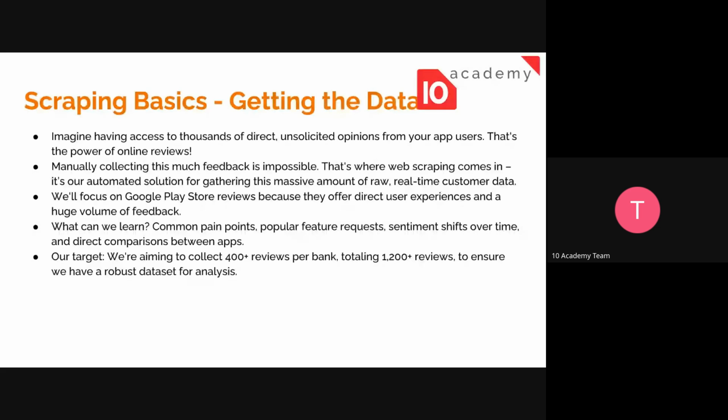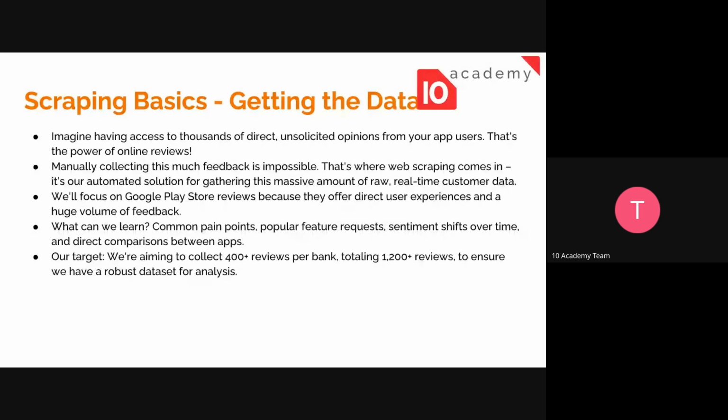Web scraping solves this by letting a Python script collect thousands of reviews in minutes. It's like having a robot assistant doing the boring work for you while you focus on the analysis. We'll focus on the Google Play Store reviews because they offer direct user experience and a huge volume of feedback.